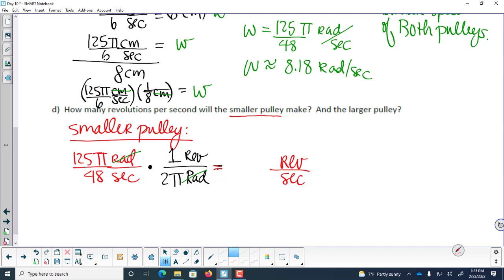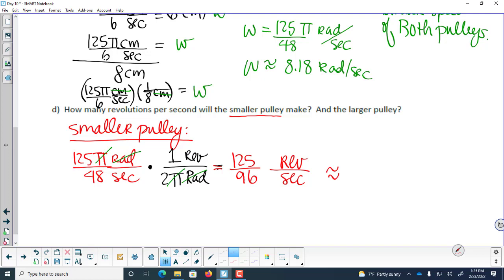Oh, we love that. So look what happens here. The pi's will cancel. So we have 125 over 96. Does that seem right? That doesn't reduce, does it? I don't think so. No, it does not. So if we want a decimal, that would be 1.3.